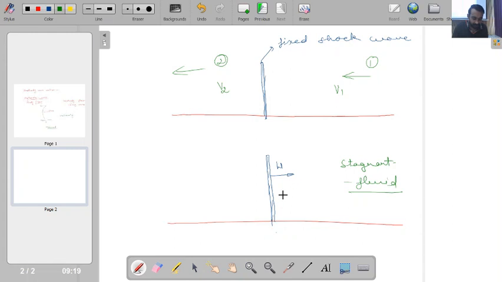Now, whatever the stagnant fluid was there, obviously when the wave is moving, that wave will impart certain motion to this stagnant fluid. So that is something we will experience: when a wave is moving through some fluid, the fluid behind the wave will also have some sort of motion.